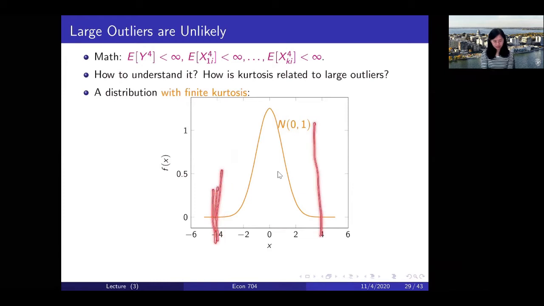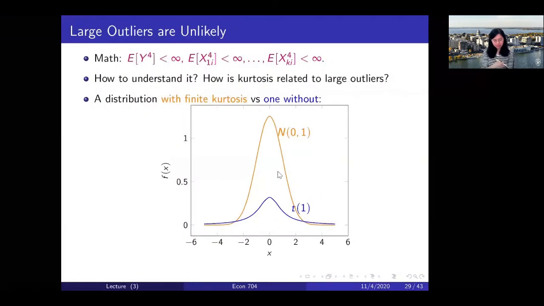The probability that it takes higher values is still positive, but the probability gets very, very low when you are beyond a certain number. So the probability dies out very quickly as you go away from the center of the distribution. That fact tells us that the kurtosis of the distribution is finite.